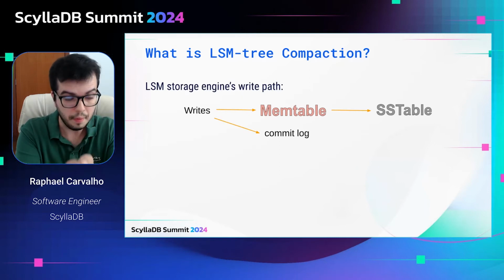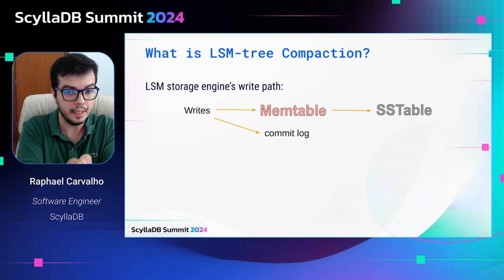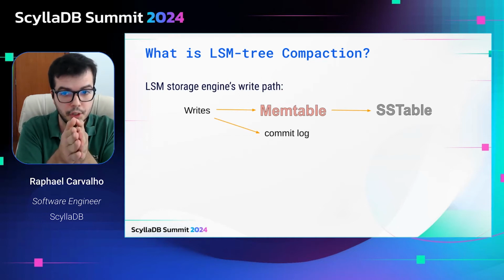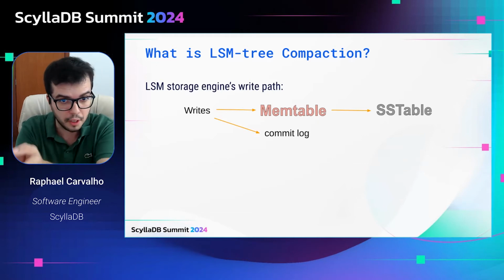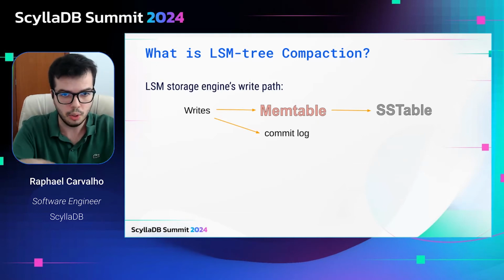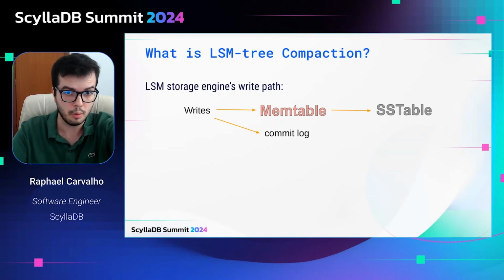The SSTables are there to make it easy to search and merge data in the process that we know as compaction. Those random writes in the memtable are turned into sequential writes at the moment we flush the memtables. So you can think of it as batching writes and turning random writes into sequential writes.